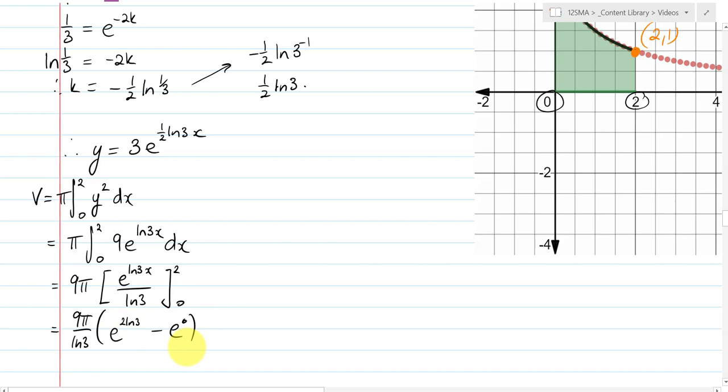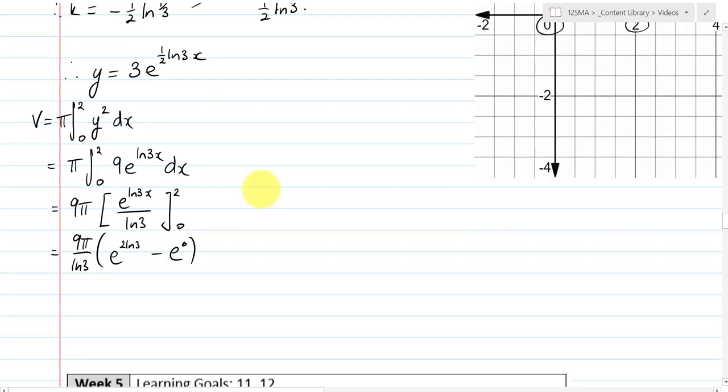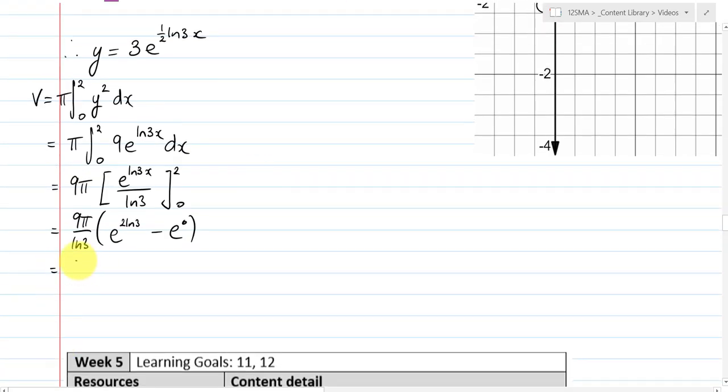And I'll quickly put that in my calculator. And it's equal to 72 pi over log 3, or 205.89. Incidentally, this is 1 and this is 9.